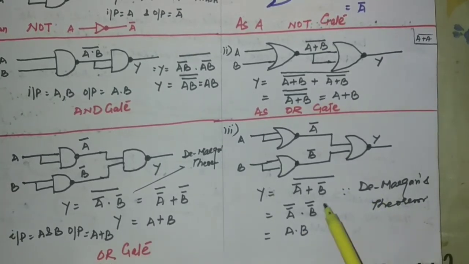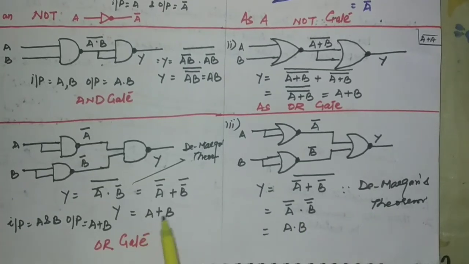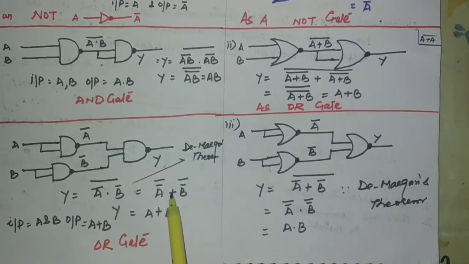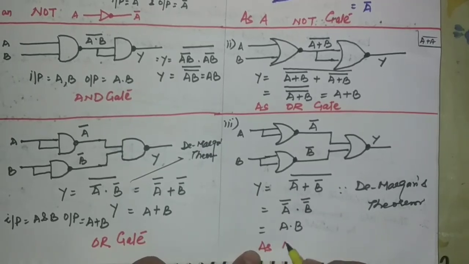What is De Morgan's theorem? That the complement of the sum is equal to the product of their complements. And the other form is that the complement of the product is equal to the sum of their complements. So now we can say that it is behaving like which gate?